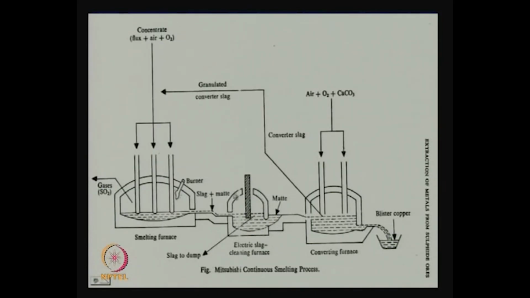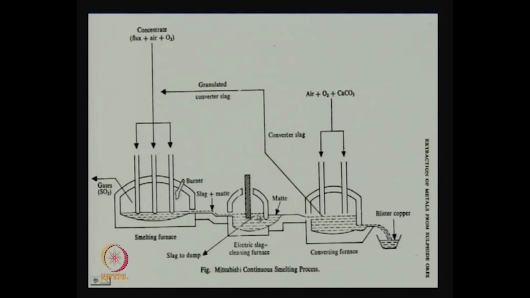So, this intermediate step is to ensure that copper losses in the slag are minimized, and the slag is not allowed to flow to the next chamber because of the baffle. Only the matte can go under the baffle and flow into the next reactor, which is again at a lower level. So, these 3 go from one level to a lower level to the lowest level.